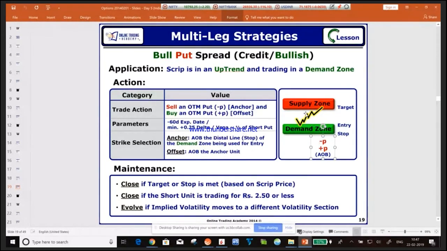When I'm doing the RR calculations, I will explain this practically. Right now, just understand that the Vega of this whole position should be half of the Vega of the anchor unit. Is that clear, everyone?